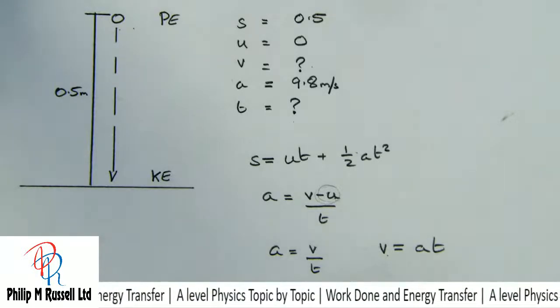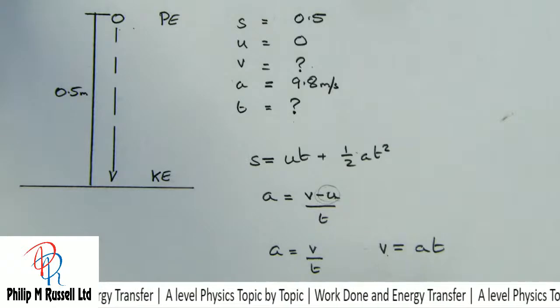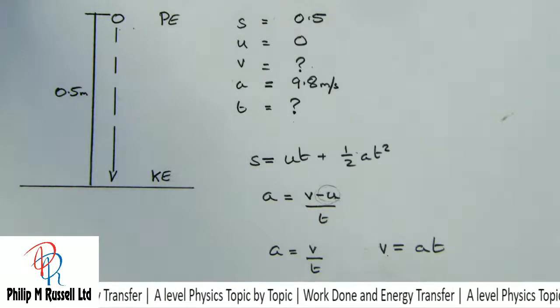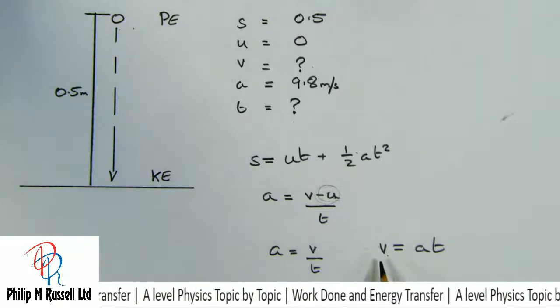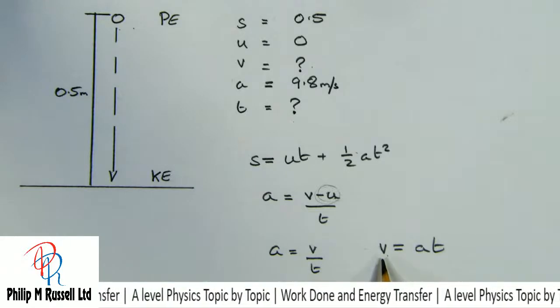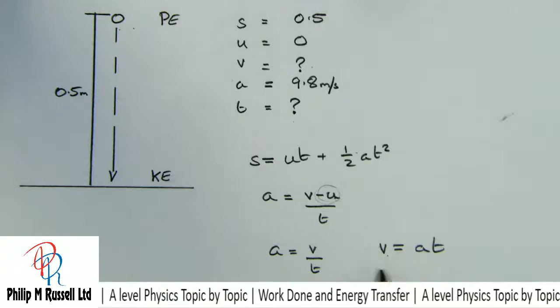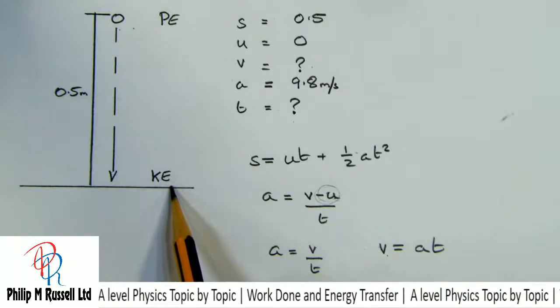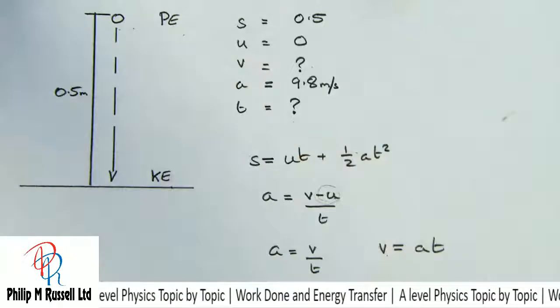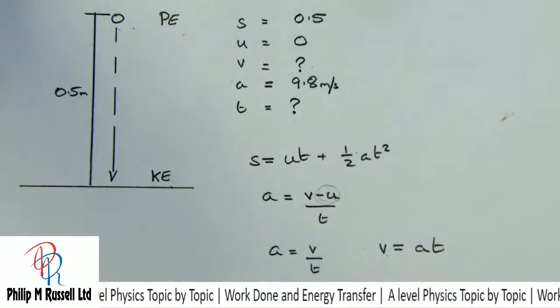So we can drop an object, we can work out how fast it's going when it collides at the bottom. From that we can work out our kinetic energy, we can work out our potential energy.